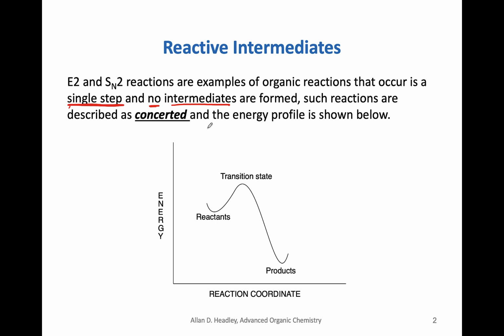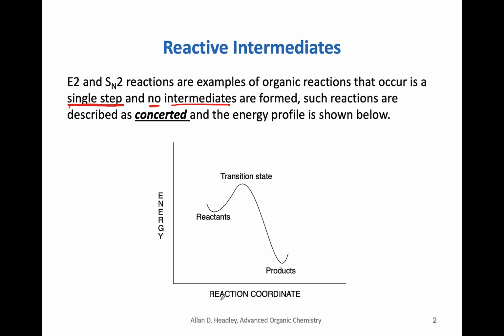As we know in chemistry, we often communicate by using diagrams. And here is the energy profile for a concerted reaction or a one-step reaction. In this case, we have the reactants and it's going to the products.